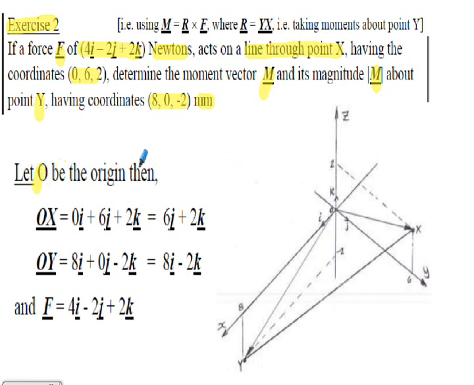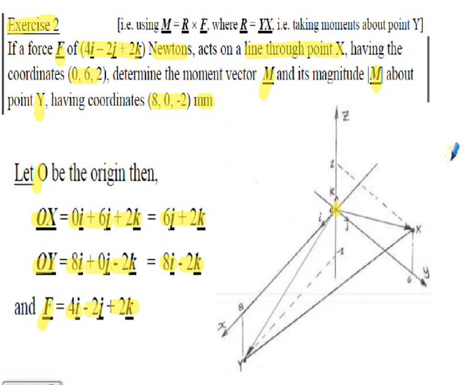So we'll let O be the origin, at 0, 0, 0, the centre of our coordinate system. Vector OX given in the question is 0i plus 6j plus 2k, so that's 6j plus 2k. And vector OY is given as 8i plus 0j minus 2k, so 8i minus 2k. And the force vector is given as 4i minus 2j plus 2k. That's the information extracted from the question.